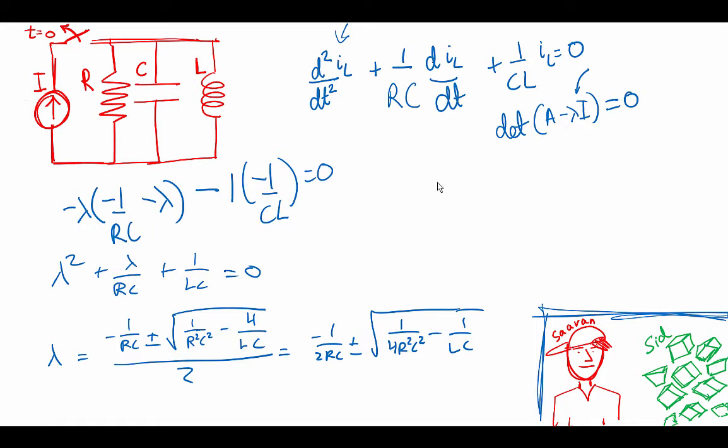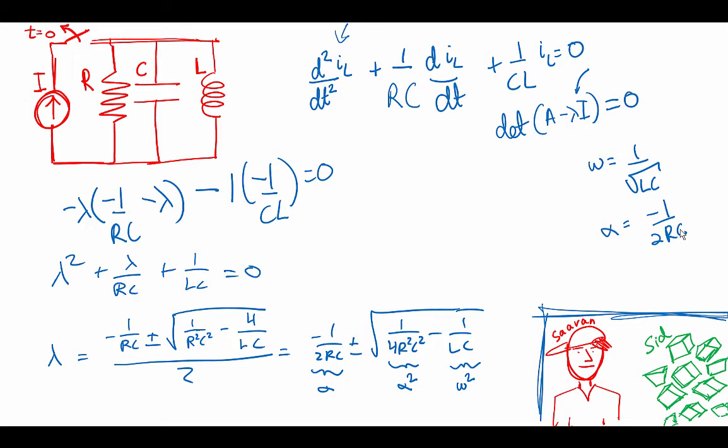Now since you're working with circuits, there are terms that we often use, such as overdamped, underdamped, and critically damped, and we're going to show you what they mean. So let this term be alpha. Observe that this term is alpha squared, and we're going to define this term to be omega squared. So omega is 1 over the square root of LC, and alpha would be minus 1 over 2RC.